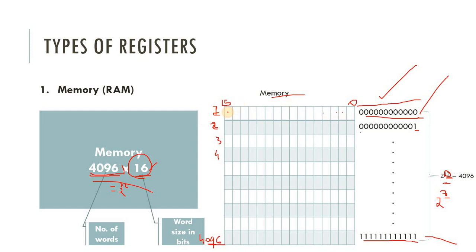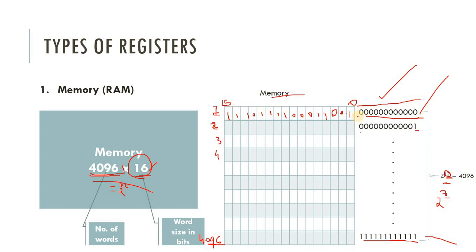Suppose the value is something like 1110 1111 000 110 001. So this is the actual data that is converted into binary numbers, and then it is stored into the memory.